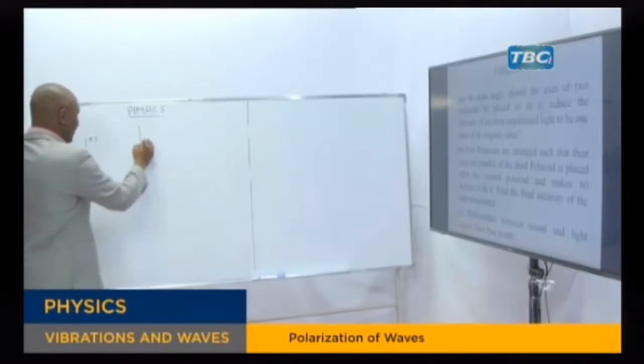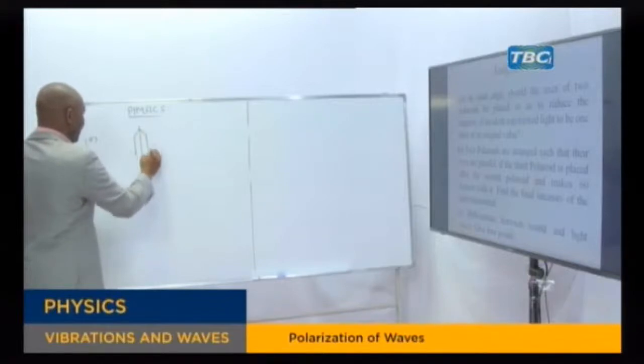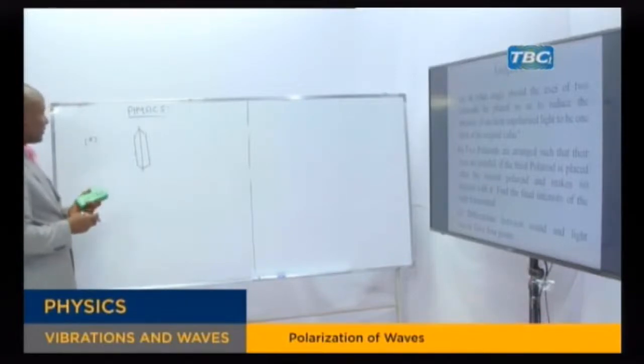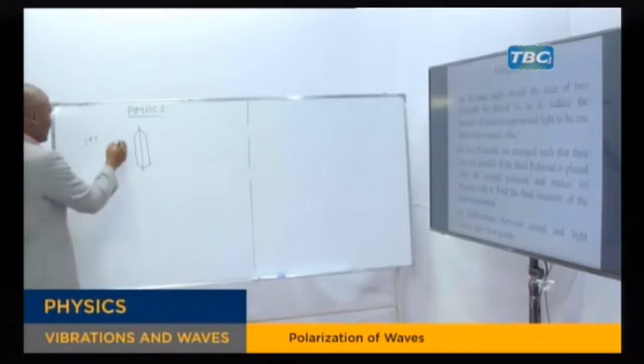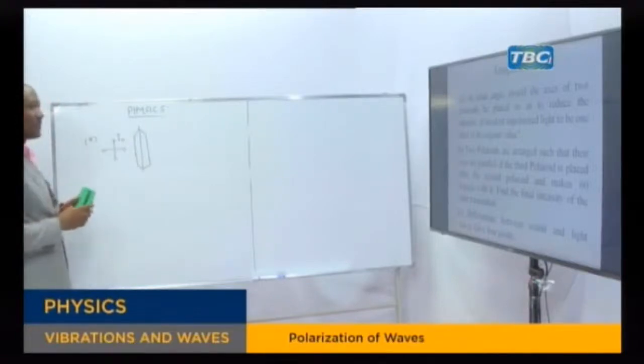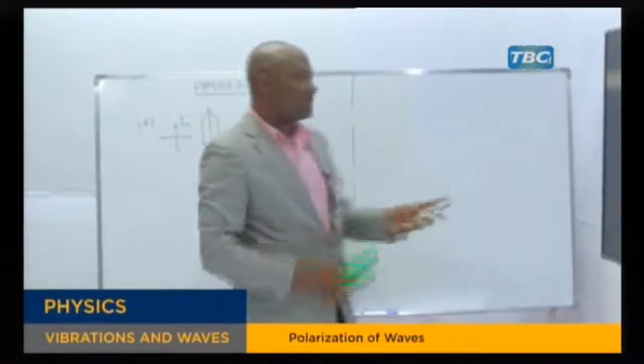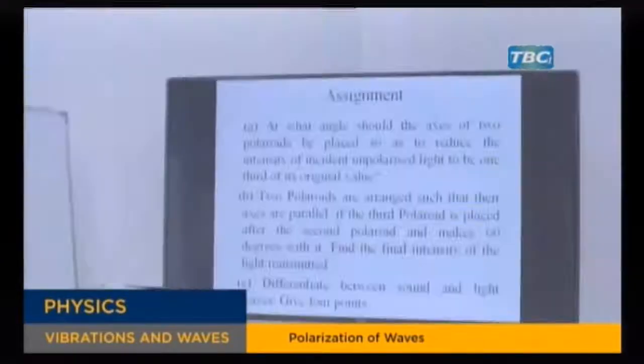Let's consider the first polaroid is at this point here, maybe at the left side of your board, and then assume this is unpolarized light whose intensity is I0, because the question is talking about light falling on this one that is unpolarized.